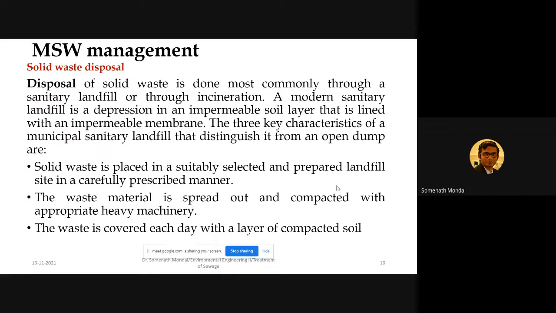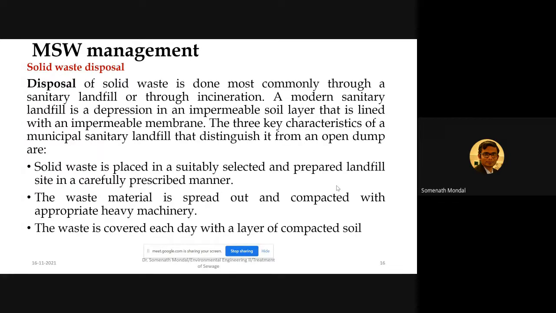Now, the third point says the waste is covered each day with a layer of compacted soil. So the next day when you start, you can create from the top of the compacted soil. So that has different inherent advantages.